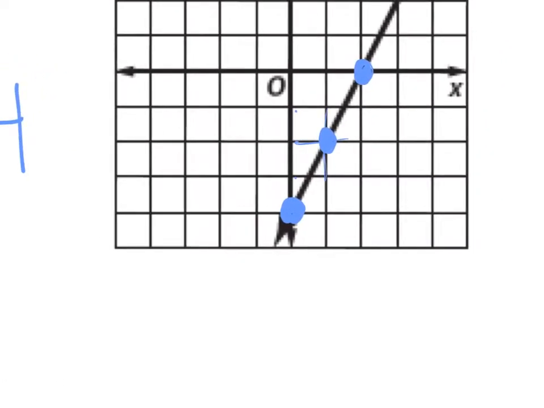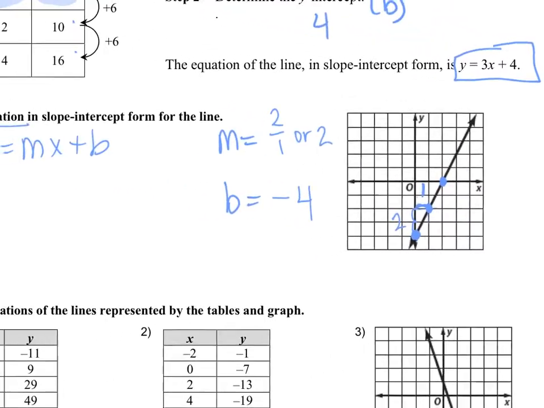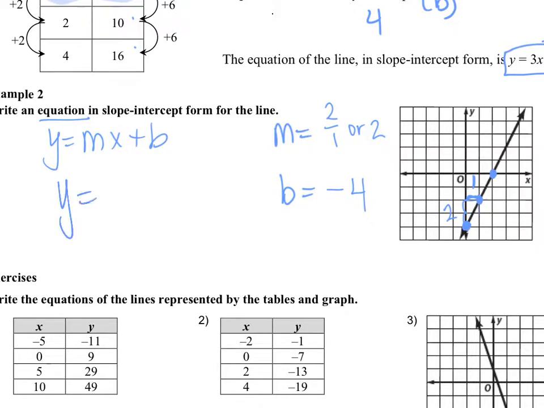So these bottom two, my rise, my change in y, my vertical change, I went up 2. My horizontal change, my x, 1. So 2 over 1 is your slope, or just 2. So then we can plug that into our equation. So y equals 2x minus 4.